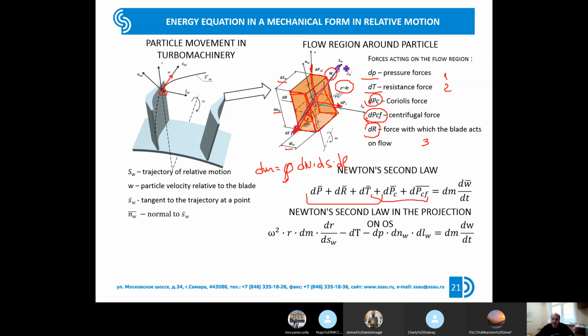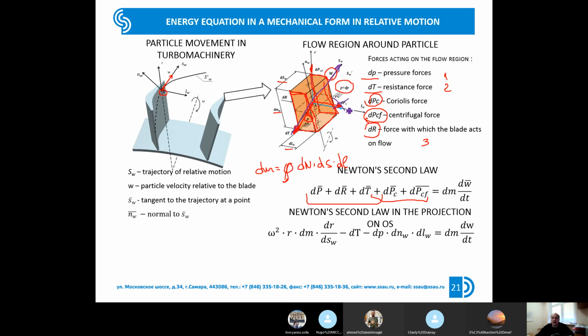So what do we have in the projection onto the axis w? Because the Coriolis force is normal to the direction of w, the Coriolis force is not projected onto this axis.